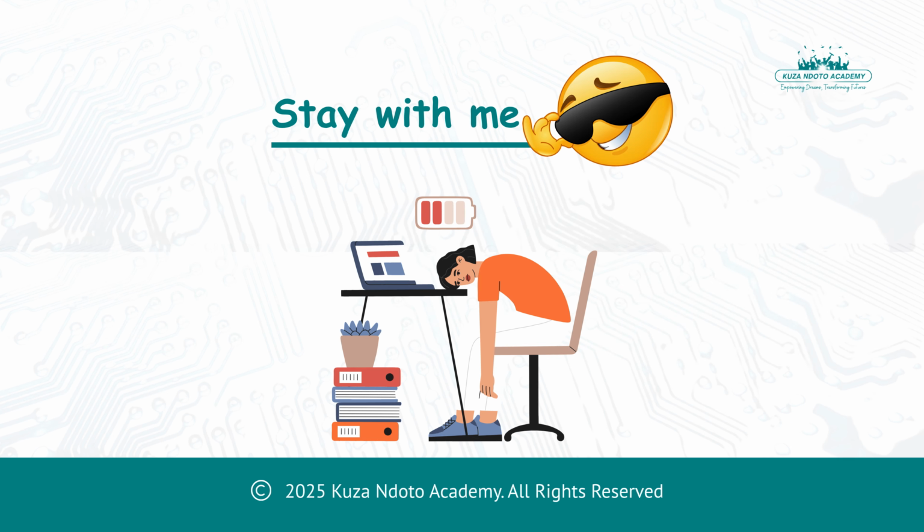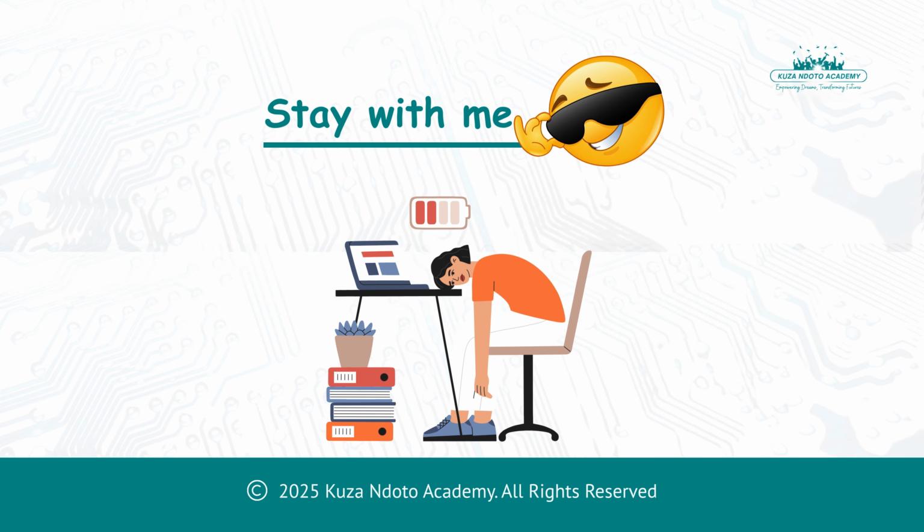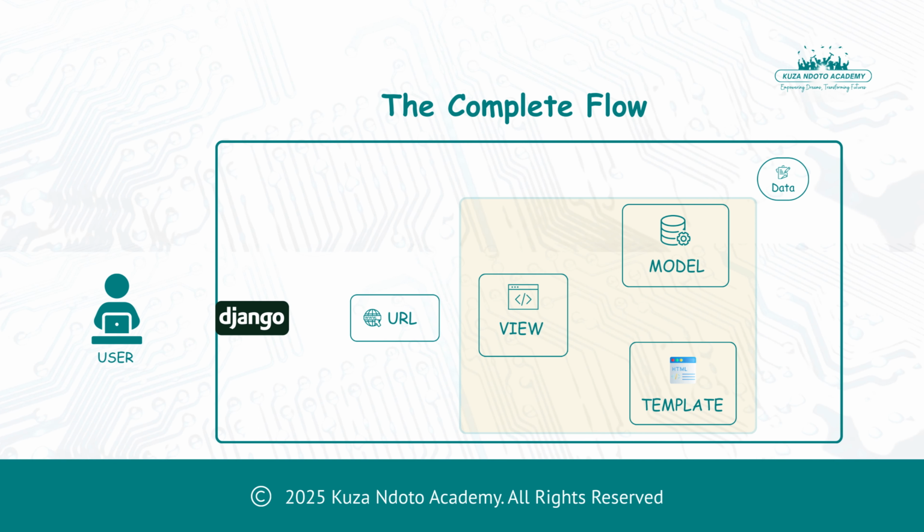Okay, I think that was quite a lot to take in. So let's do a quick recap as we put everything together. So we've said when a user enters a URL on the browser, Django's URL dispatcher identifies which view should handle this specific request. It ensures the request goes to the right view. Then the view processes the request.